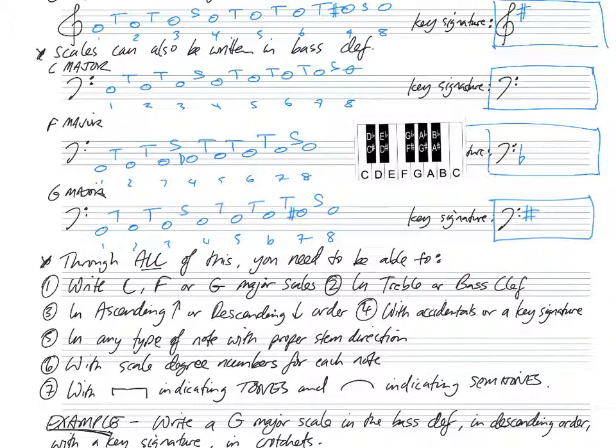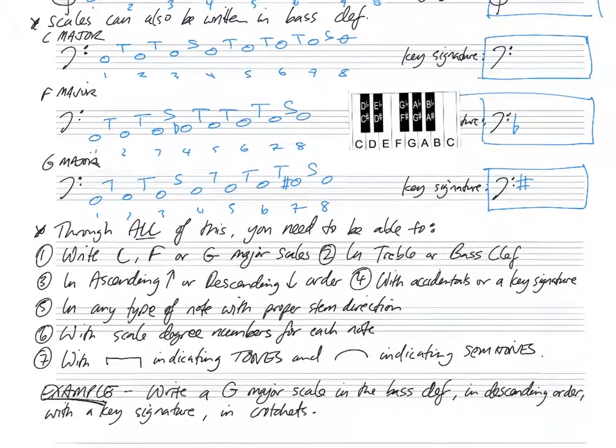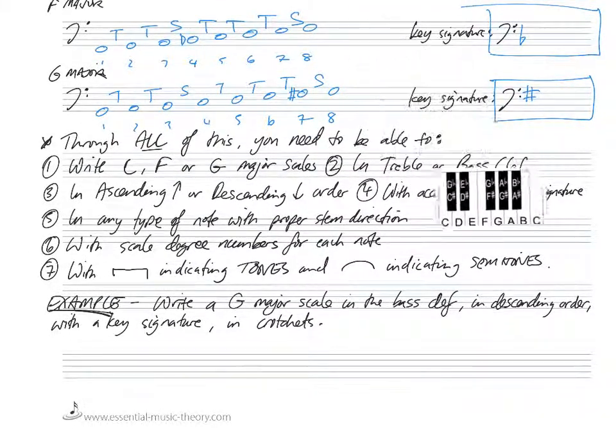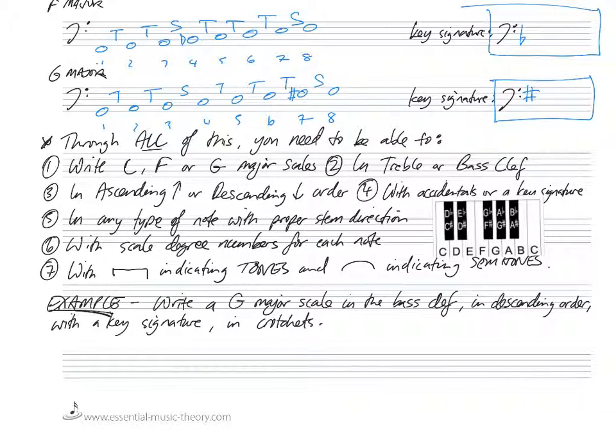Okay? So through all this information, this is what we've been doing for the last 4 weeks in class. You're going to need to be able to do a bunch of things all in one. You need to be able to write a C, F, or G major scale, in treble or bass clef, in ascending or descending order, so up or down.